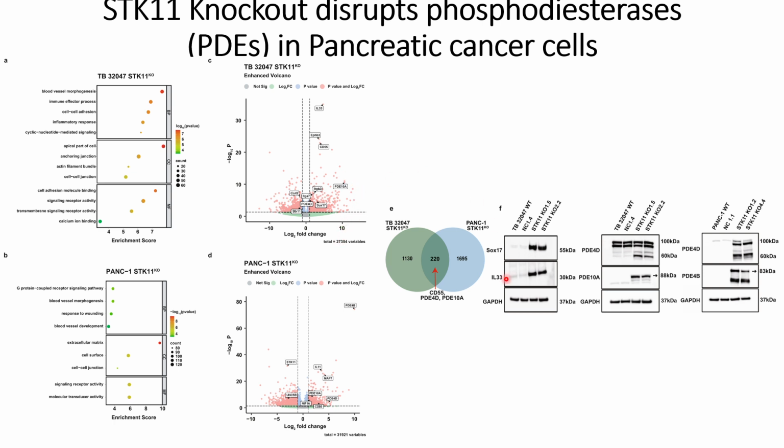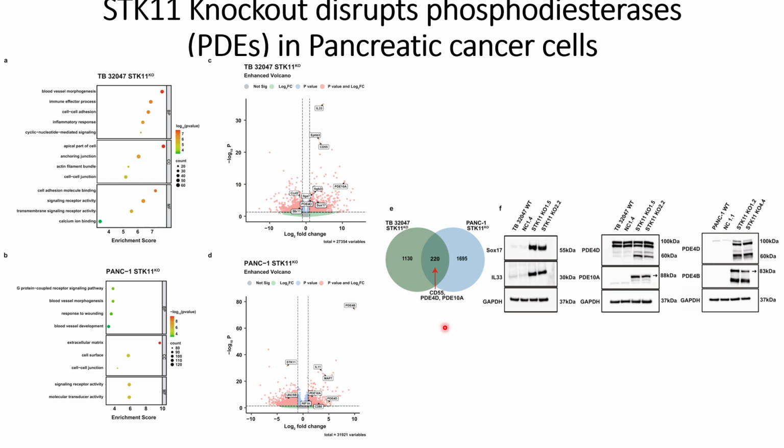And after that, they checked which transcripts are common in the differentially expressed genes from TB32047 and PANC1 STK11 knockout, and they found that 220 transcripts are common. It includes both the upregulated and downregulated transcripts, and some of the common transcripts are CD55, PDE4D, and PDE10A.